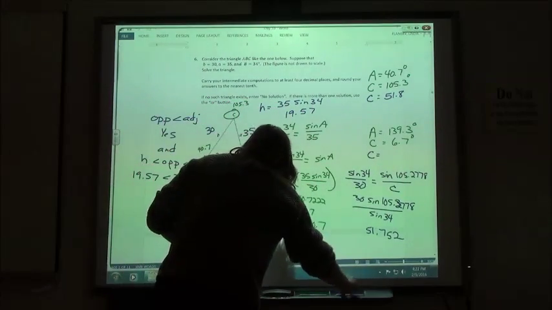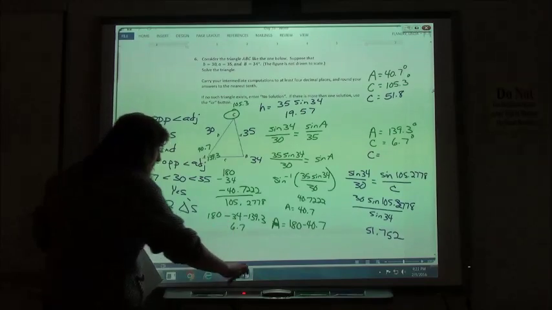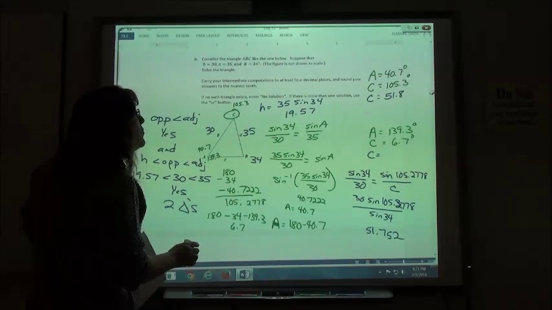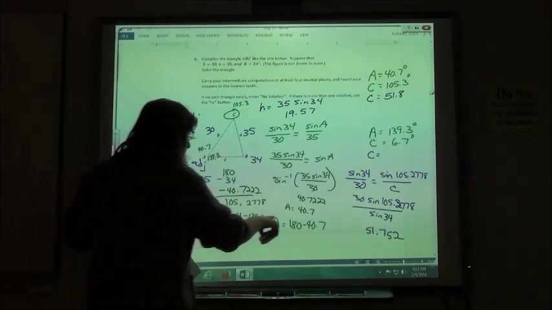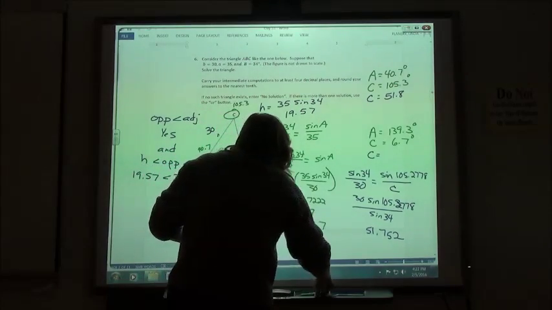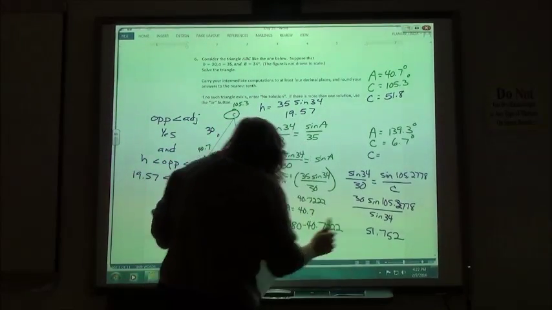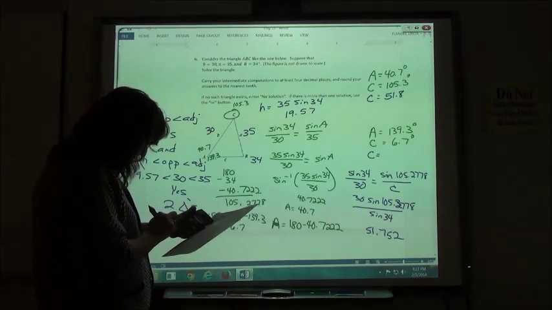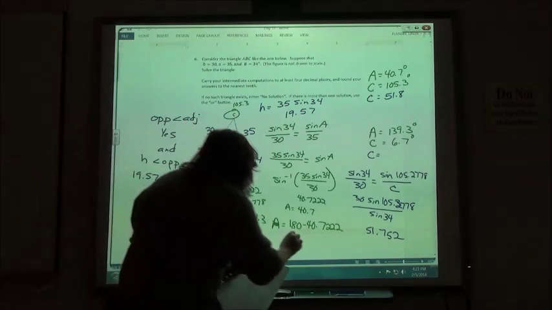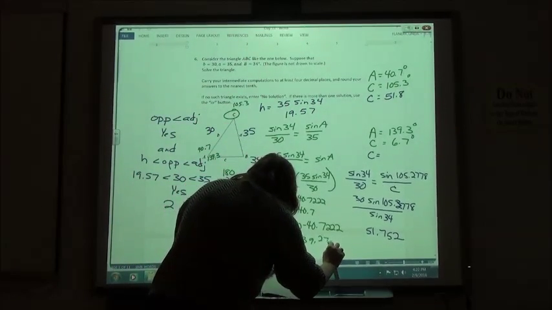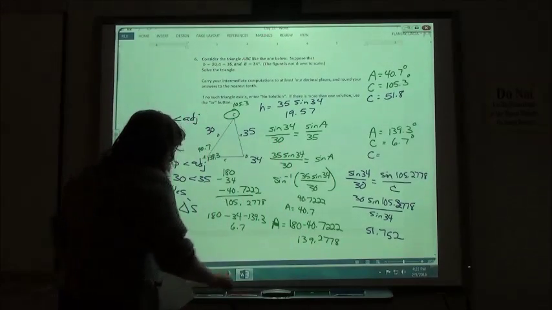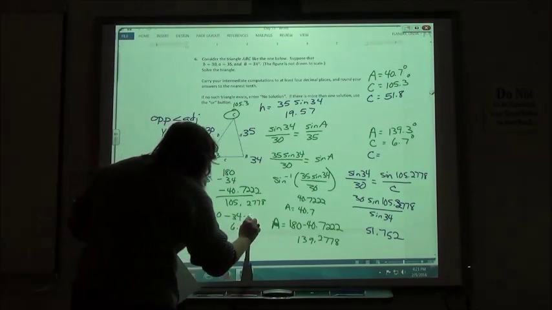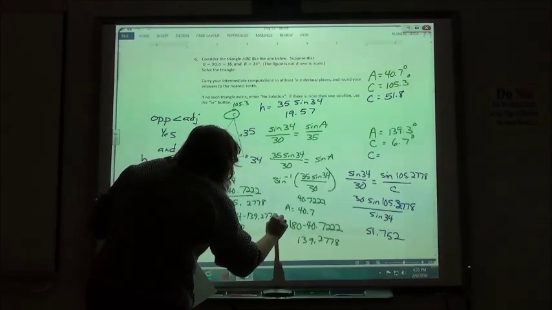The same kind of thing holds true here. When I did this one, I should have carried this out. And so I would have had 180 minus 40.7222, which means I would have used 139.2778.